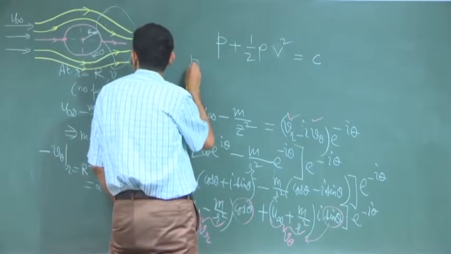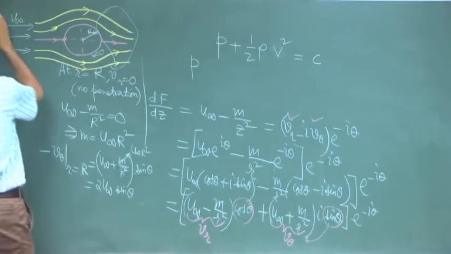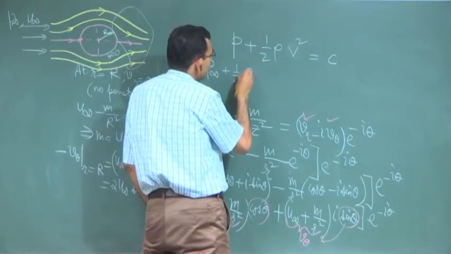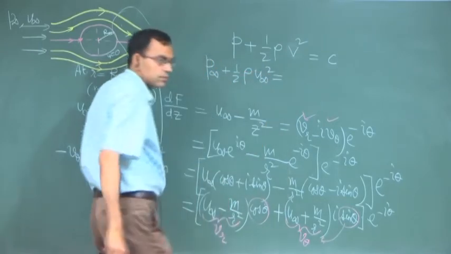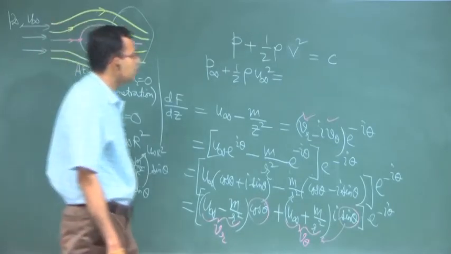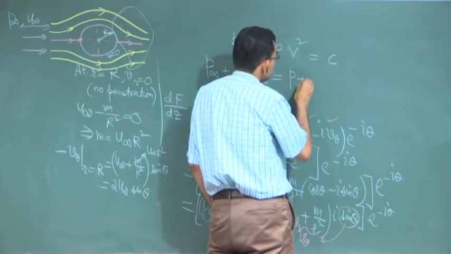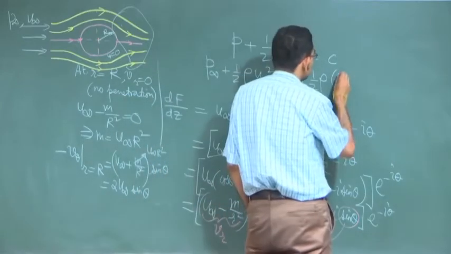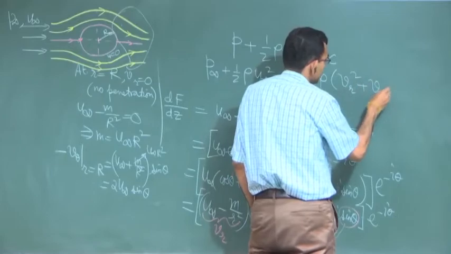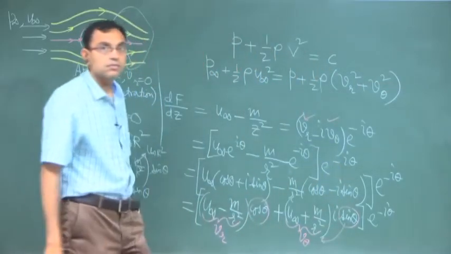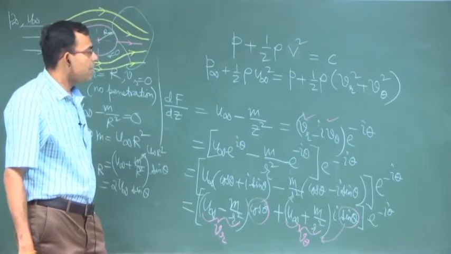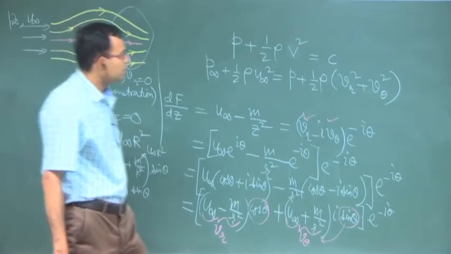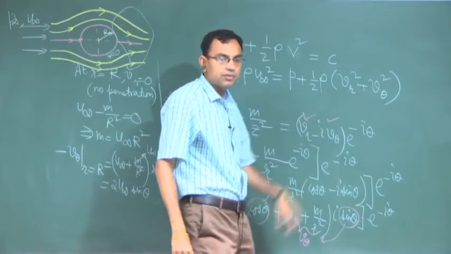So you can write, whatever is coming from infinity, the free stream, P infinity plus half rho u infinity square is equal to P plus half rho (V r square plus V theta square), because the resultant V square is V r square plus V theta square.